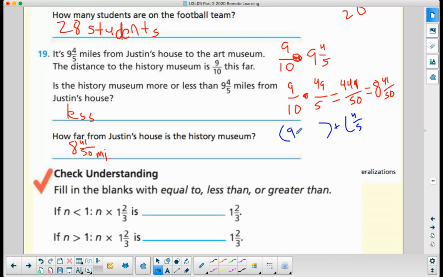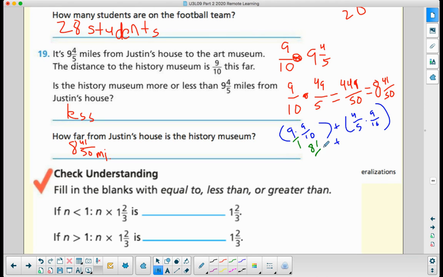Multiply the 9 by the 9/10 and multiply the 4/5 by 9/10. And when I'm done multiplying them all, add them together. So 9 multiplied by 9/10.